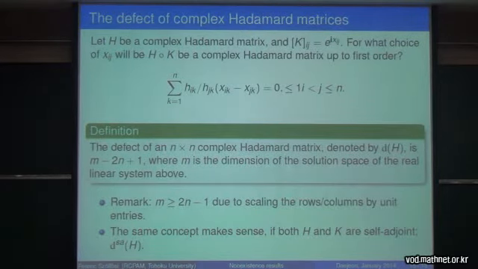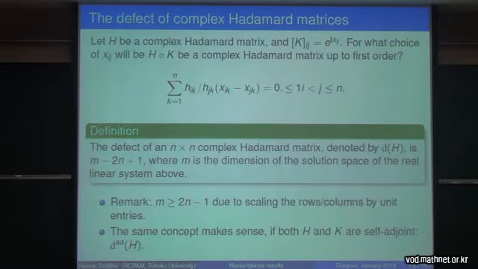So here are some interesting tools: the defect of a complex Hadamard matrix. Assume that you have a complex Hadamard matrix H, and you ask how many free parameters you can put into this matrix. This is very relevant to the previous slide, because we see a 1-parameter family there, and I ask, can we put 2 there?